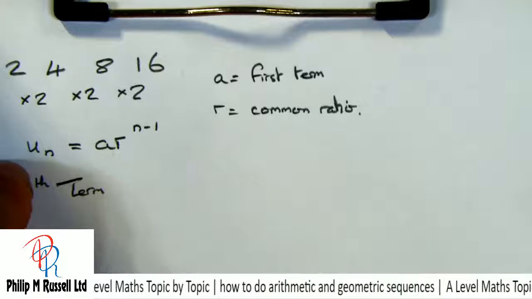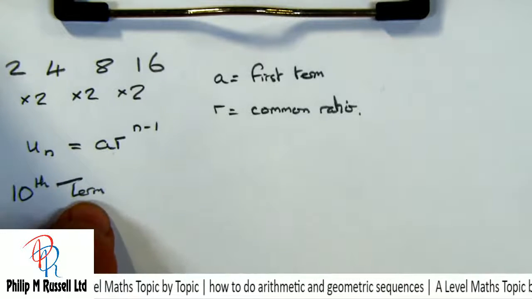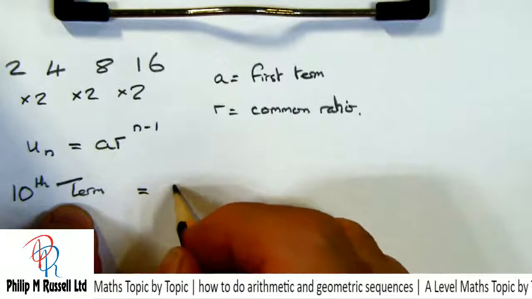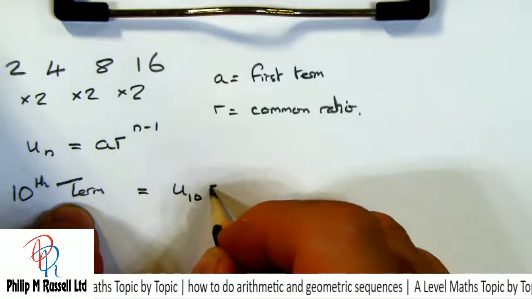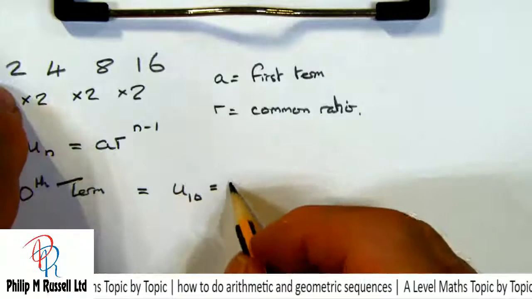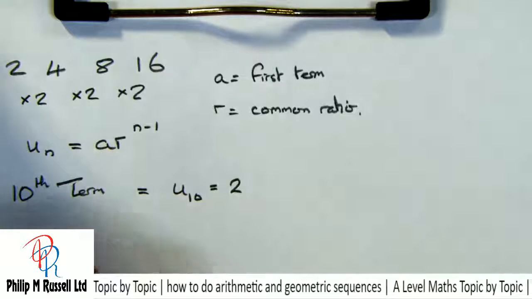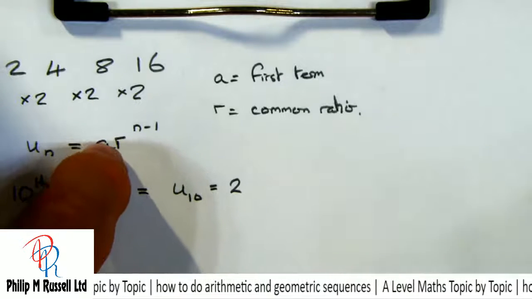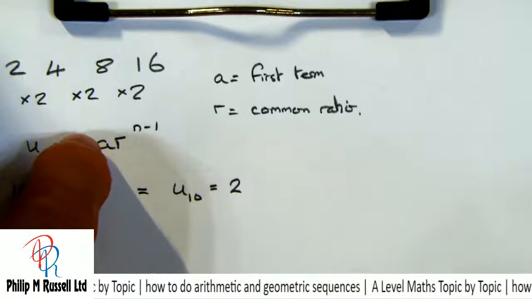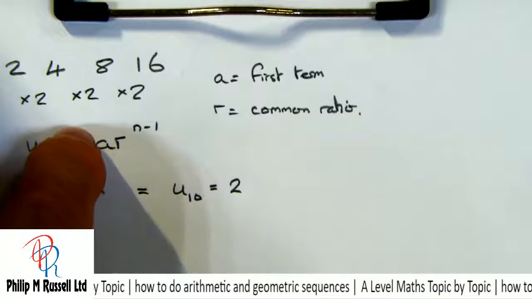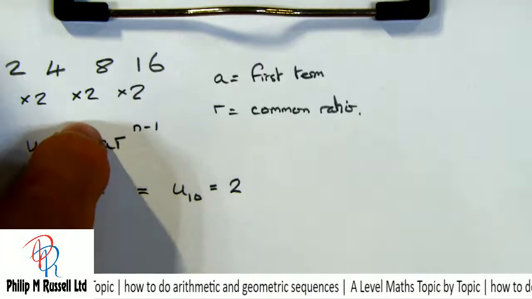To work out the 10th term, I need to know our first term, which is going to be here 2. We want to know our common ratio, and our common ratio here is going to be 2.